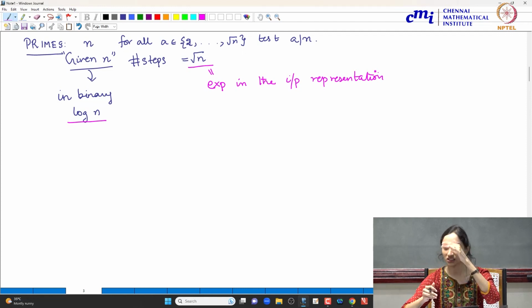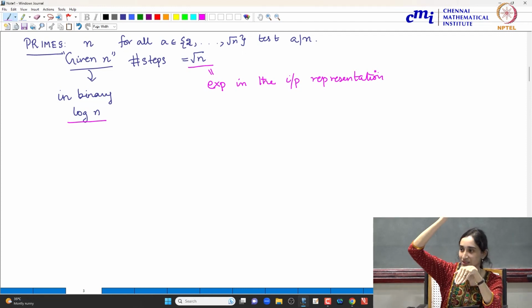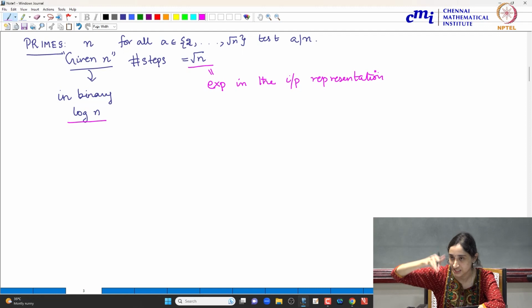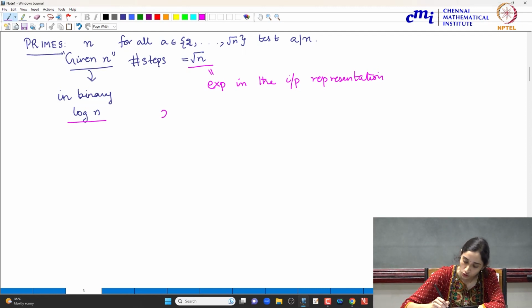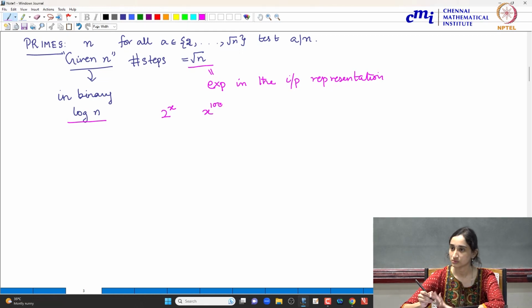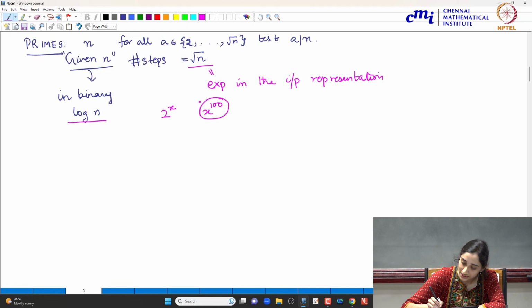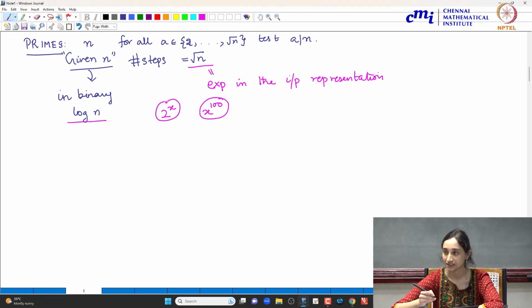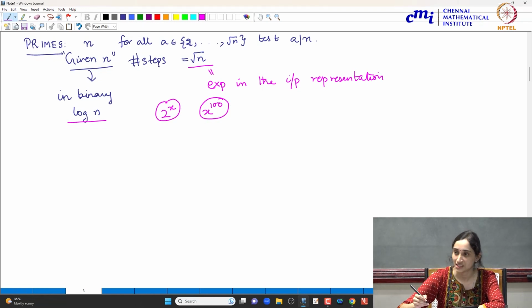If you really draw the curve, it just shoots up. As x increases, 2 power x will be much larger. I might want to compare 2 power x versus x power 100. For smaller x, x power 100 is certainly bigger, but as x increases, it grows much slower compared to the rate at which 2 power x increases.